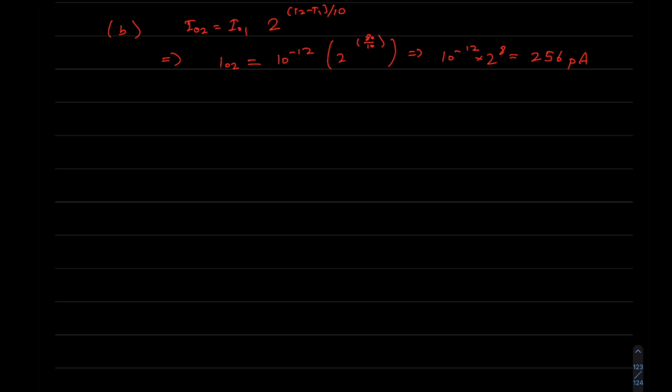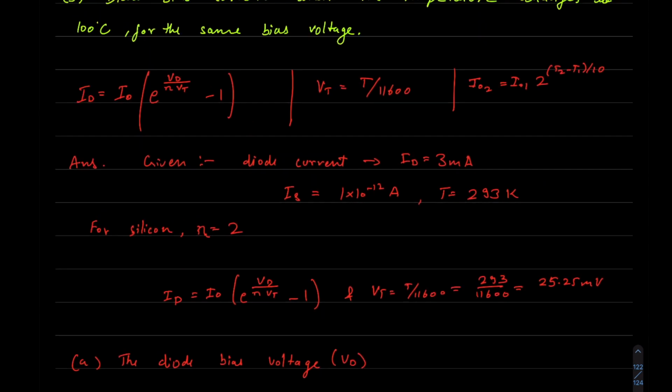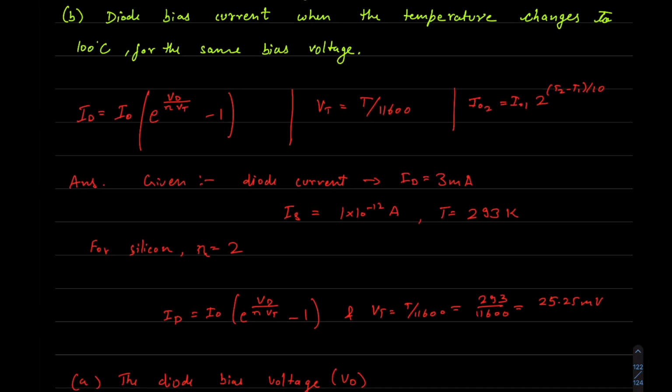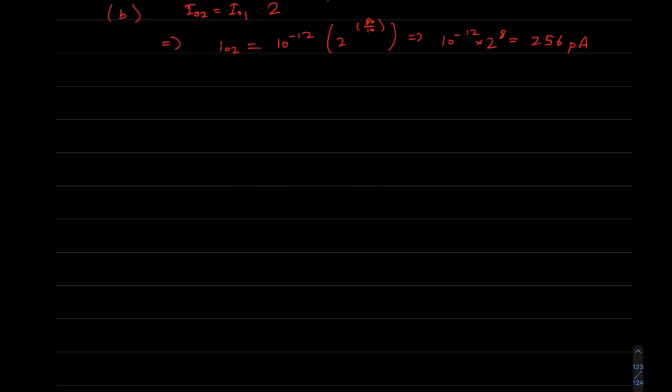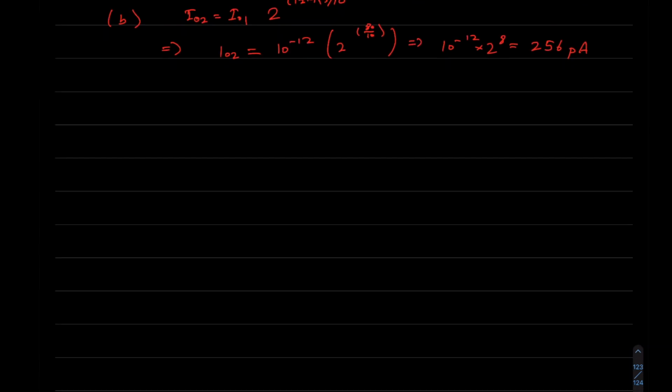So we have the saturation current, right? Now, if you remember in the question, we were asked diode bias current, not saturation current. Now we need to put this saturation current back into the Shockley equation, which, by now you should have remembered, ID equal to I naught times e to the power (Vd over eta Vt) minus 1, right?